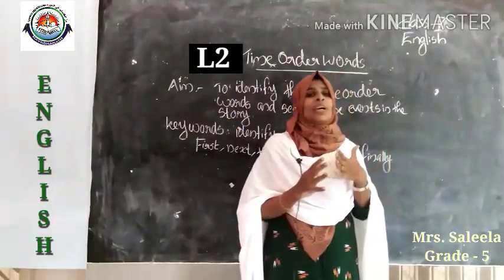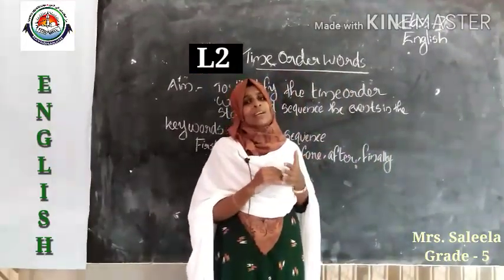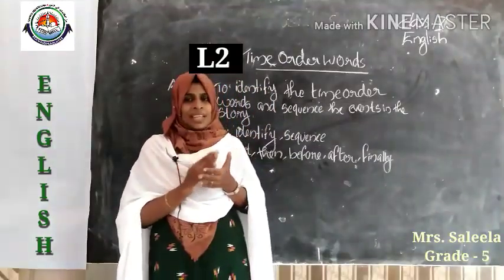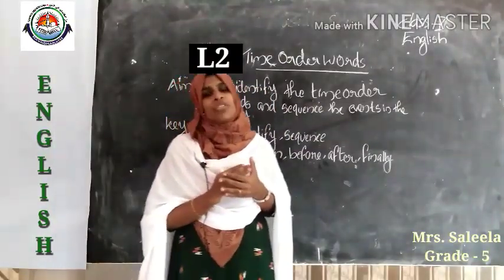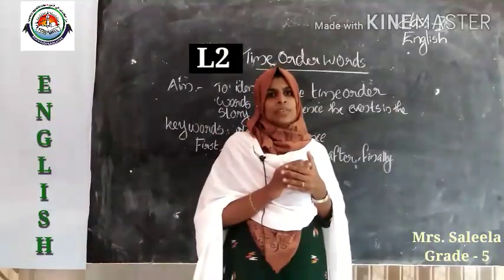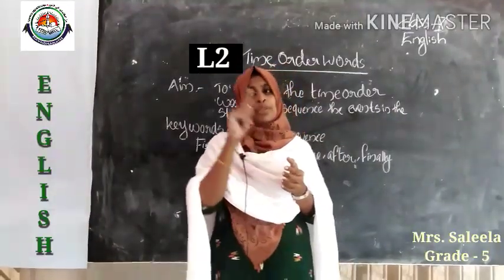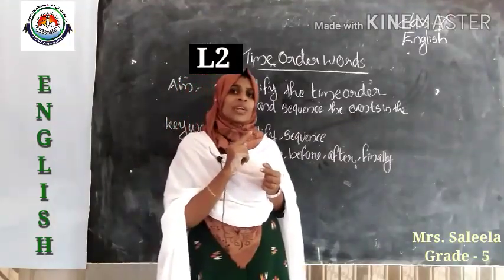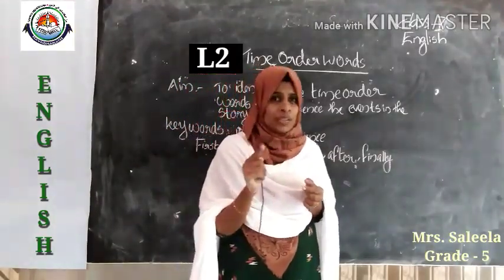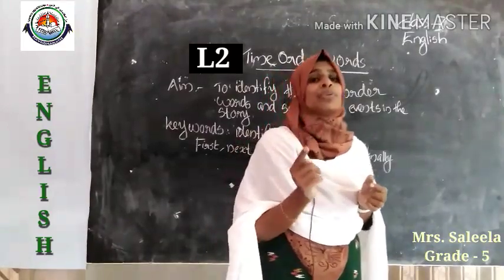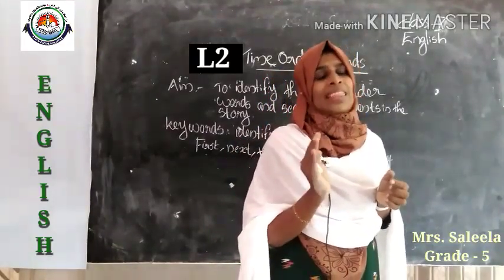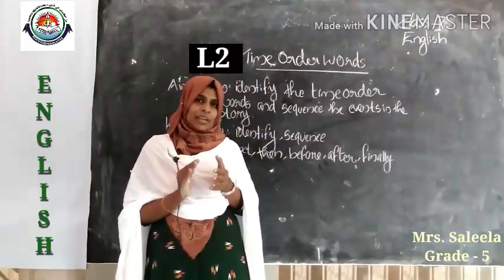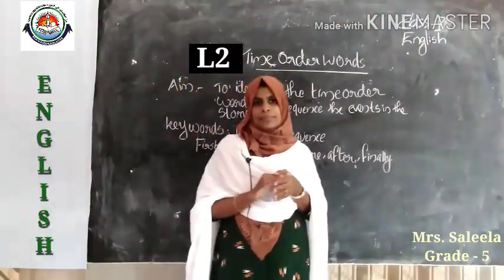Then you have to number the things happening, or events, in the life of a washerman. First, underline the time order words. Use them as clues. Number the events in the life of a washerman.